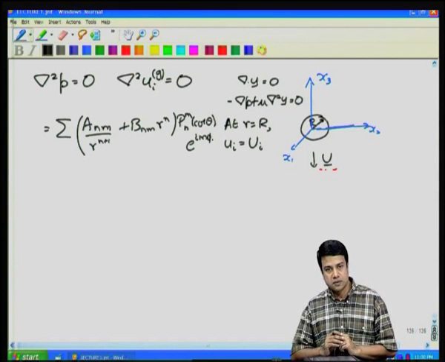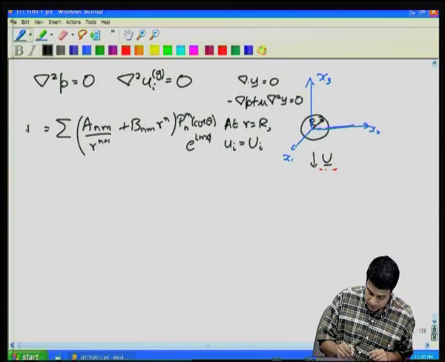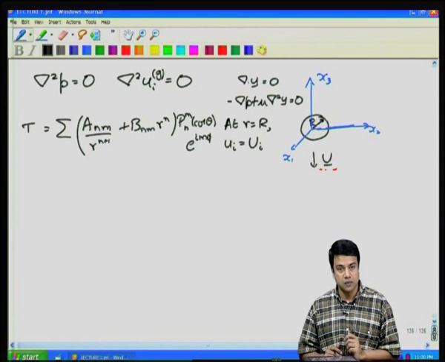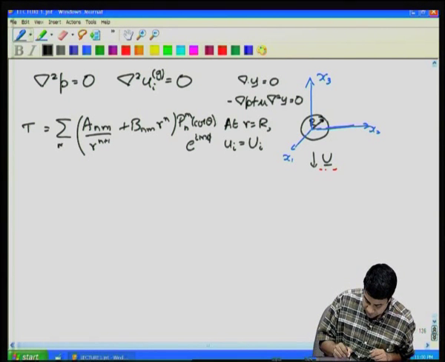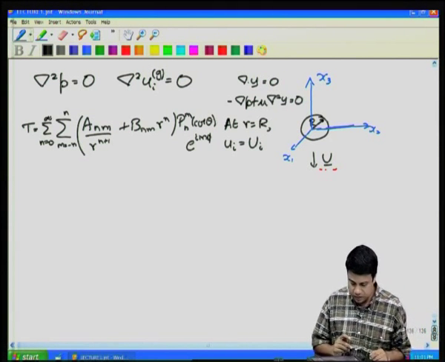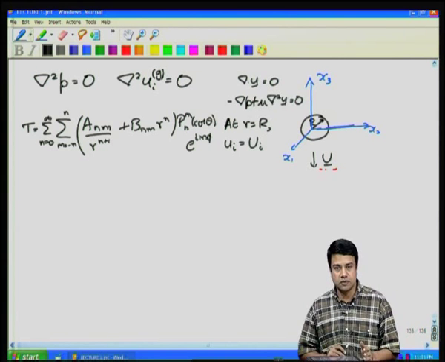That was one way that we had obtained for a particular case of a temperature field that satisfied the Laplace equation, where a n m and b n m are constants, m goes from minus n to plus n, and n is equal to 0 to infinity. So, those were the solutions obtained by separation of variables techniques.